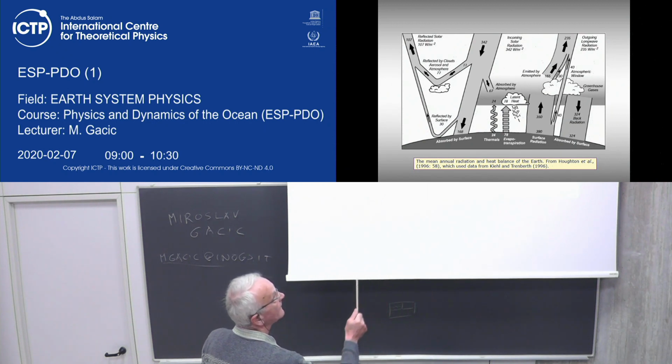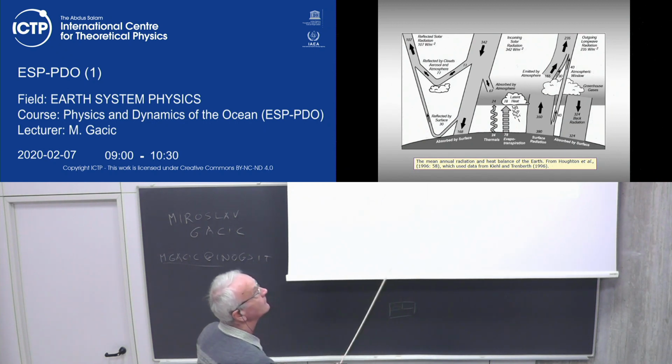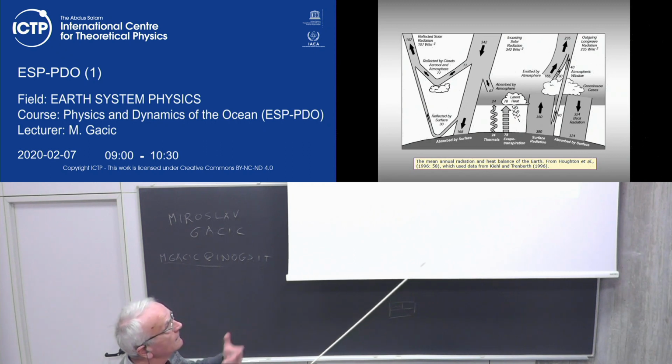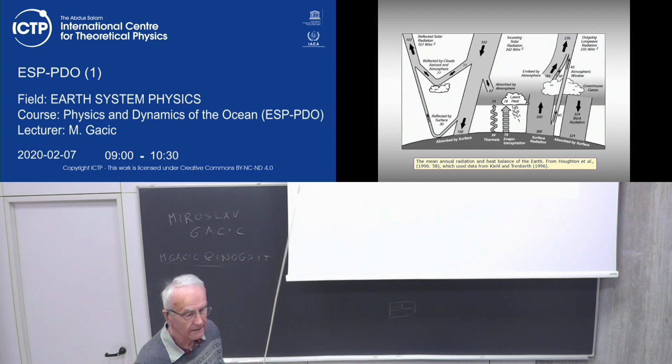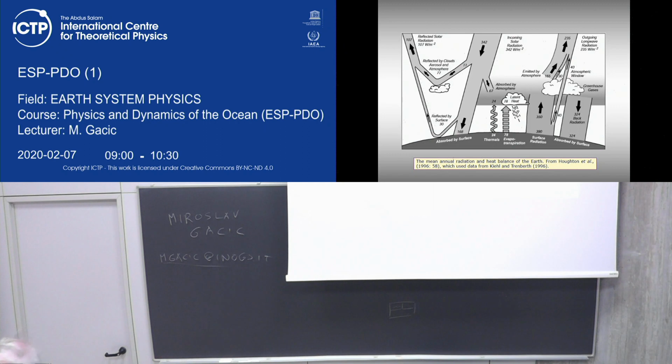So this is how it looks in the graph. This looks rather complicated, but it's not so complicated, and it gives you an idea of the percentage and how this energy, which is essentially coming from the sun, is distributed within the atmosphere, ocean, land, and so forth. Okay? Questions?